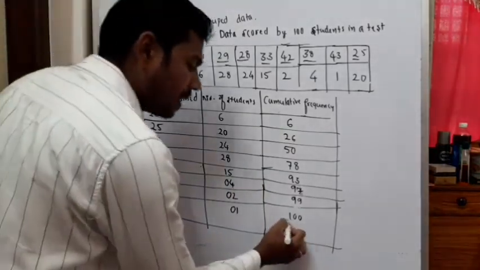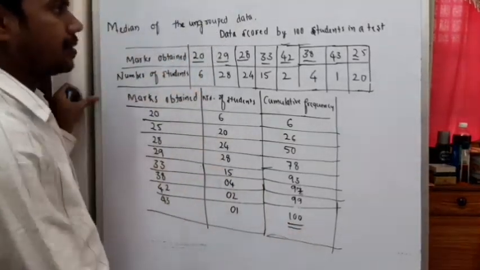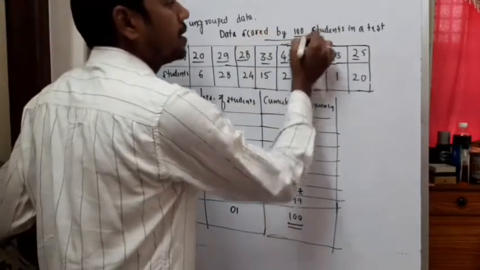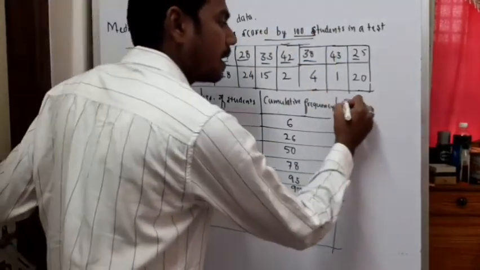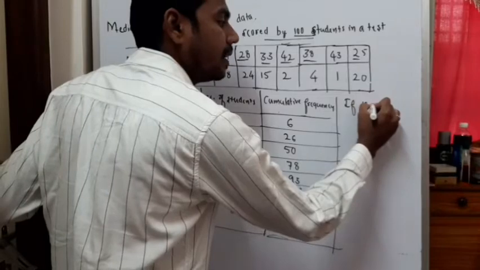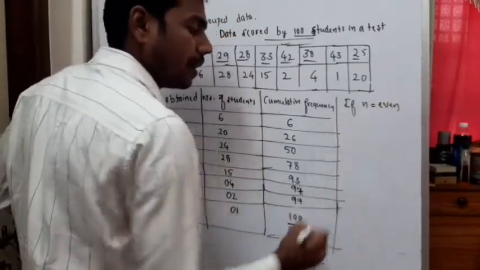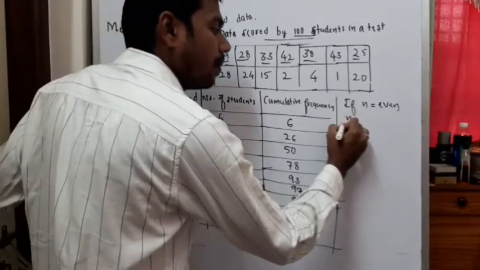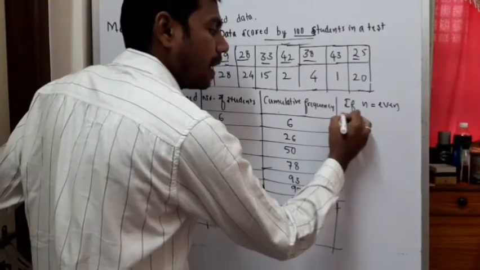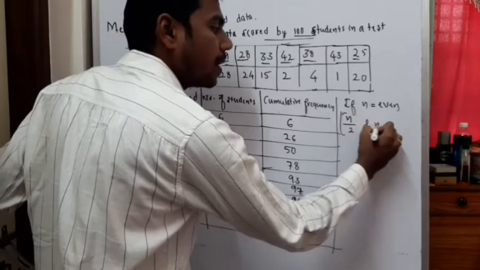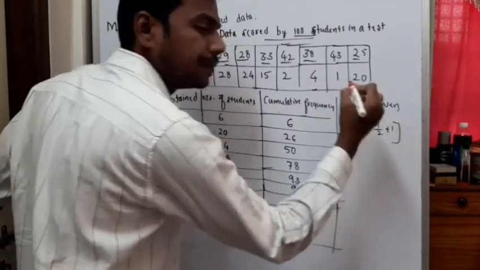So what is n we got here? N is 100, so data scored by 100 students, so the total frequency is 100. If n is even, what do we need to consider? Take the average of n by 2 and n by 2 plus 1.